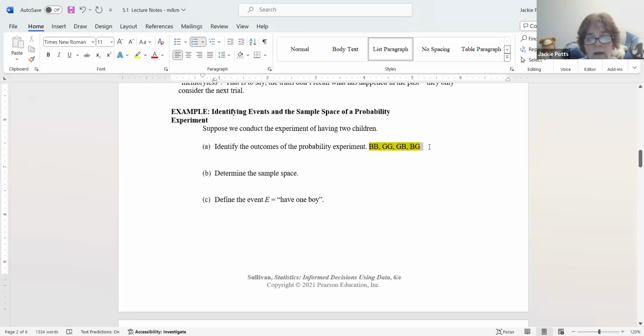Because the outcomes of having kids is you either have a boy or a girl. Sample space is how do they match up with 2 and 2? So the event of having 1 boy. Well, it's not bad to spot. And how do we write it?